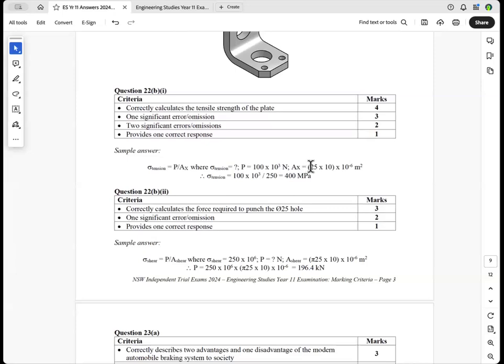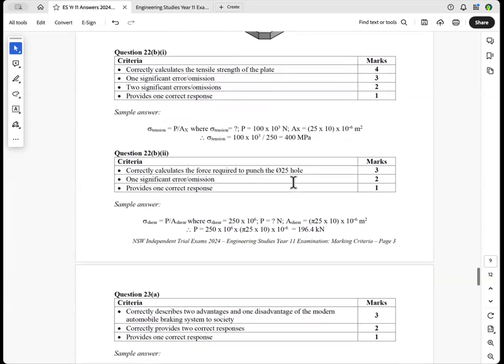Now I've taken the 25 diameter off the 50 width, so it's 25 times 10, and that's going to be the fracture area multiplied by 10 to the minus 6 meters squared. And so you get 400 megapascals, which was reasonably well done.